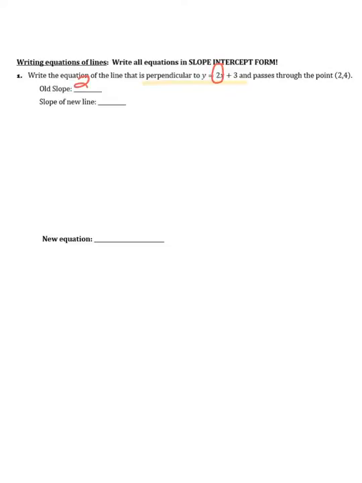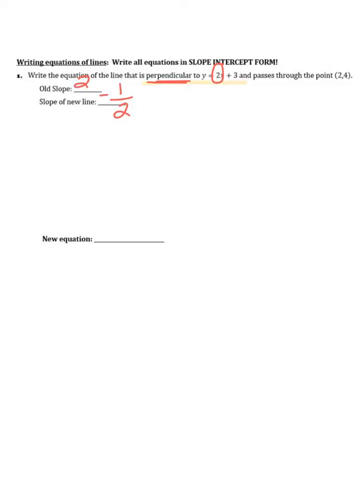That's the original slope. But for the new line, the one that's going to be perpendicular, I'm going to use that idea of the opposites that we just talked about. So the opposite of a positive 2, I'm going to need to use a negative, and then I am going to flip that. So instead of 2/1, I'm going to use 1/2. So the new slope we're going to actually use is negative 1/2.